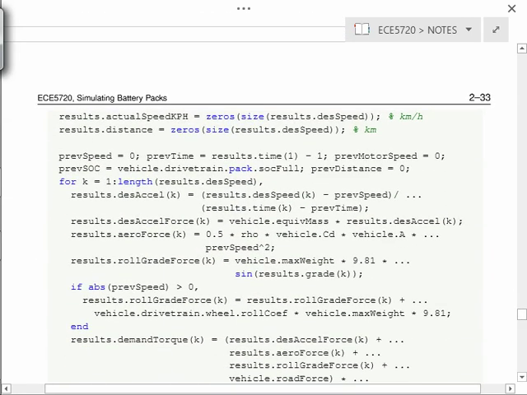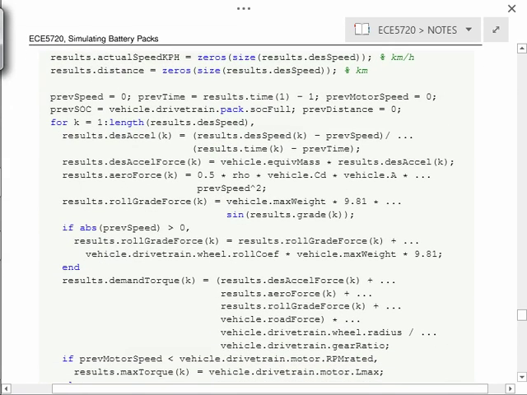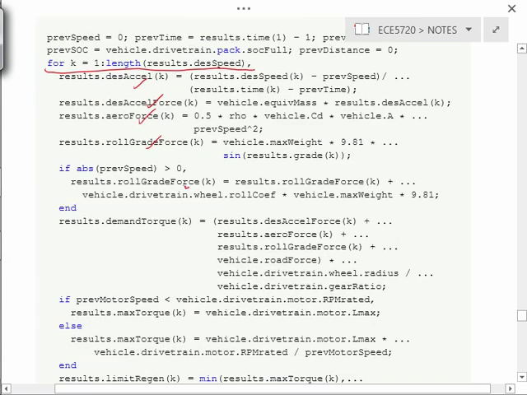so it makes for a faster simulation. I'm setting a previous speed value, a previous time value, a previous motor speed, a previous state of charge, and a previous accumulated distance, and then I go through a loop. In this loop I compute the desired acceleration force, the aerodynamic force, the grading force, the rolling force, my demanded torque.